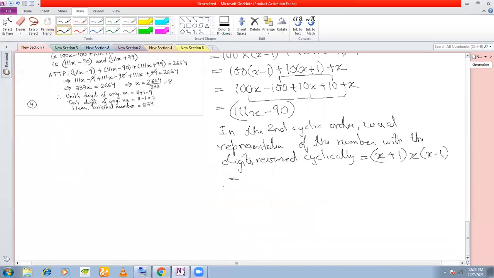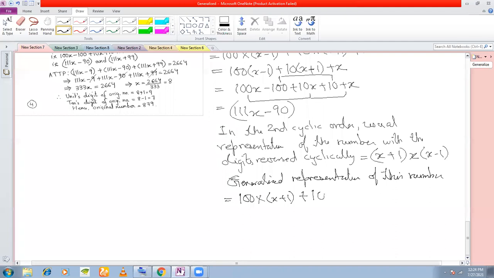Now we write the generalized representation of this number. It is equal to 100 into x plus 1, because x plus 1 is the hundreds digit, x is the tens digit so 10 into x, and x minus 1 is the units digit.